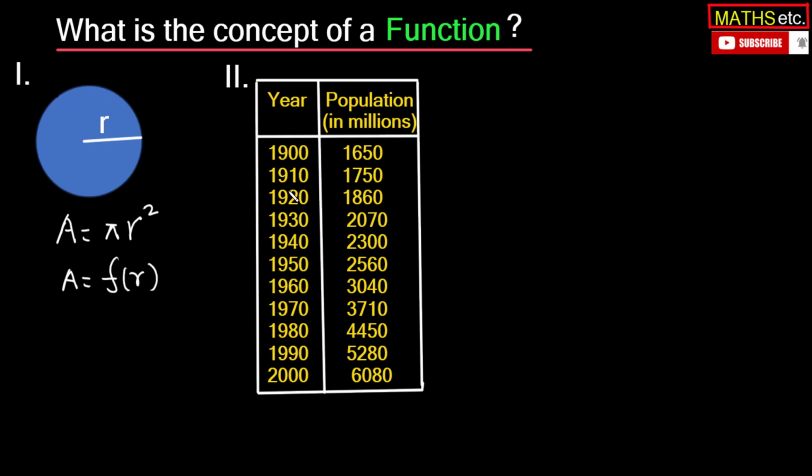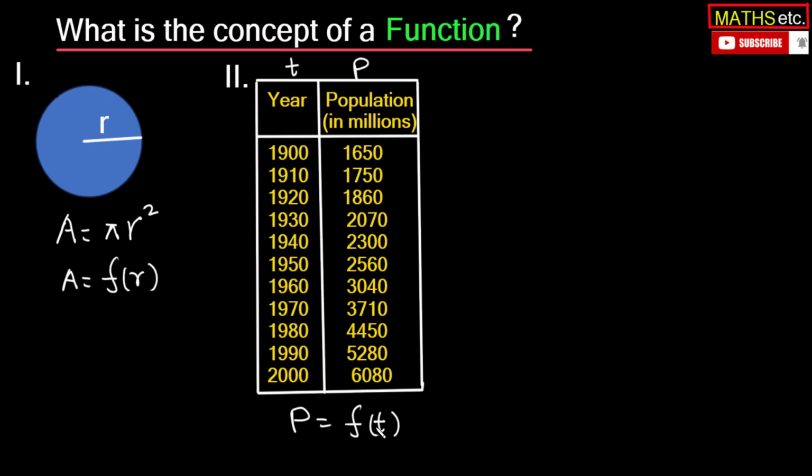Now in this case there is no explicit formula as was there in example 1, but yes, here the population depends upon the time stamp t. So if P represents population and t represents time, we say population is a function of time. So t here we'll call the independent variable, P the dependent variable, and this is a rule which is given in the form of a table.